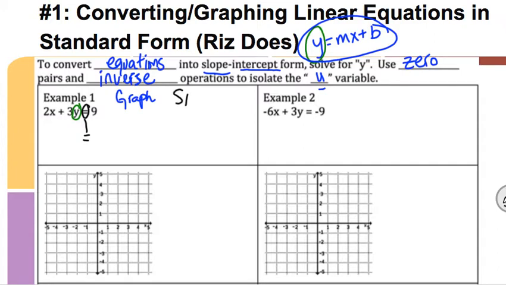So if you want to use this idea of SADMAP, you want to make sure that you're thinking about the y and not the x. So, do I see anything subtracting the y? No. Do I see anything adding to the y? That's where I was saying that the 2x is actually being added to the y. So the inverse operation of addition is subtraction. So I'm going to subtract 2x on both sides of the equation.